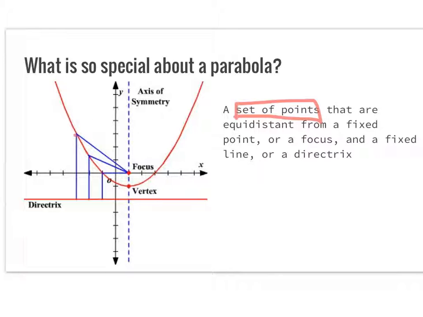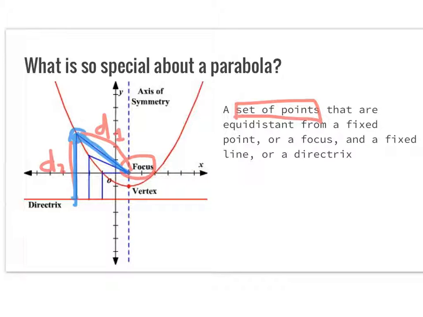Suppose I have this point over here. The distance from this point to the line, I'm going to call D1, and the distance from the same point on our graph to this point called the focus, I'm going to call D2.